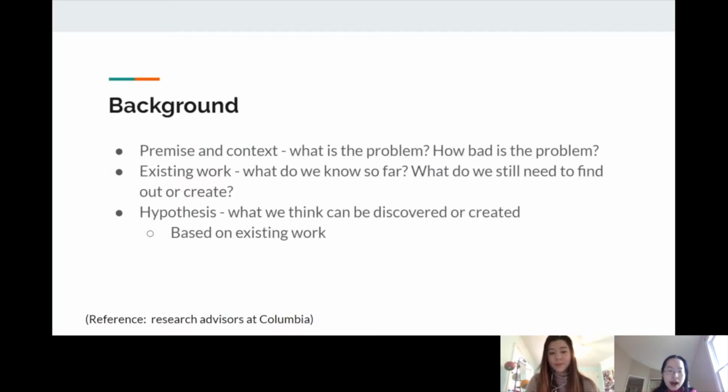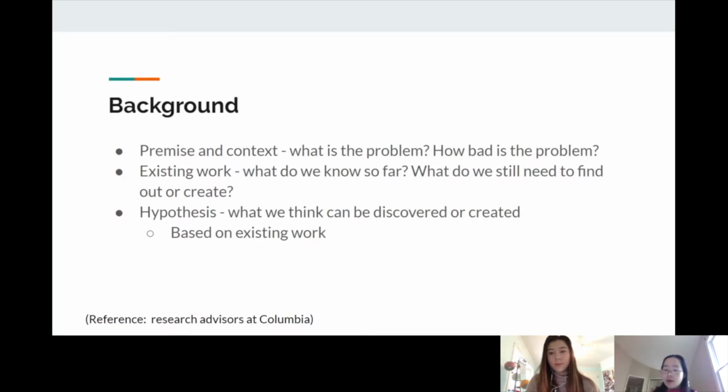So taking a look at the background section of a proposal, this is where you talk about the premise and the context of your project. So what exactly is the problem that you're trying to approach, whether this be developing a new therapeutic for cancer, or better understanding cellular processes that might be important for tools such as gene editing.